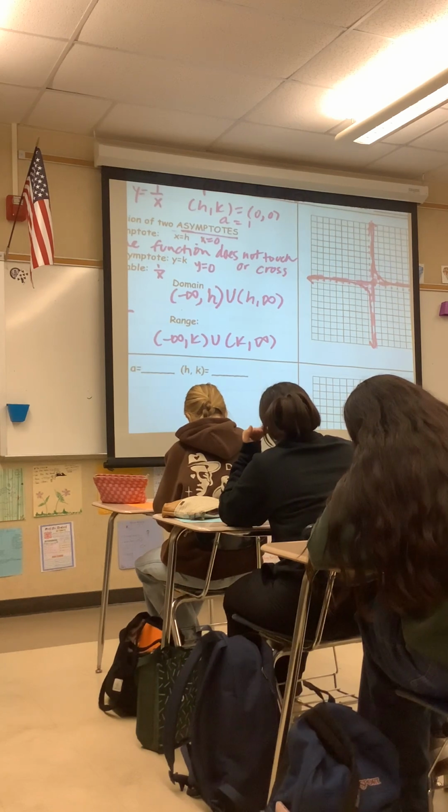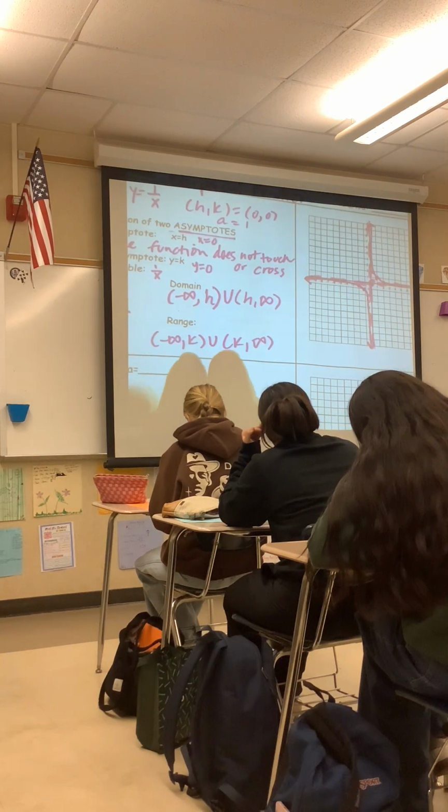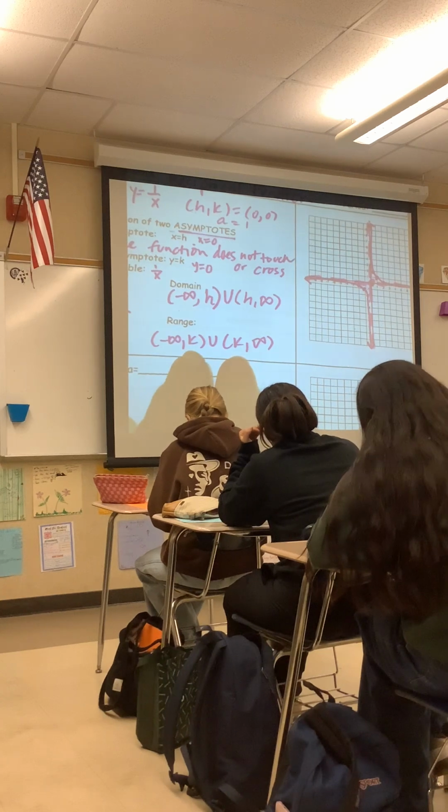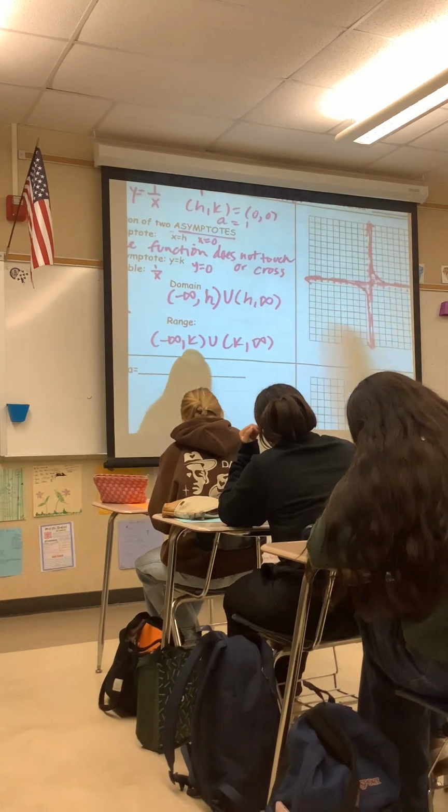This is what you should have written for the range. This is what you wrote. You replaced the h with k. Hope so. This is what our parent function looks like.